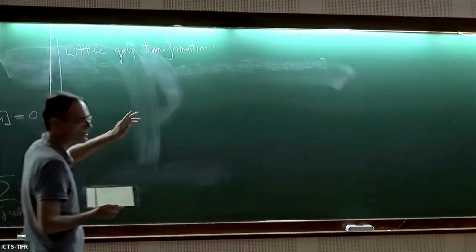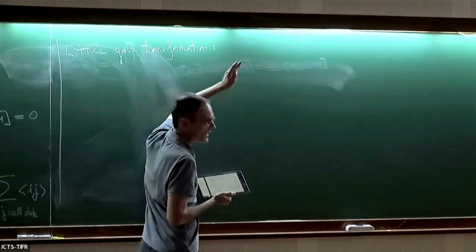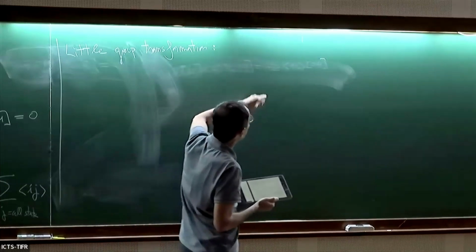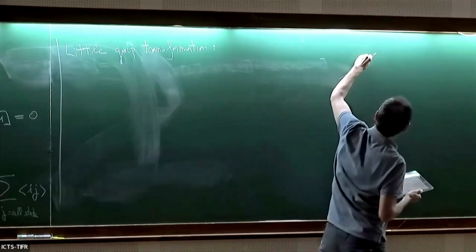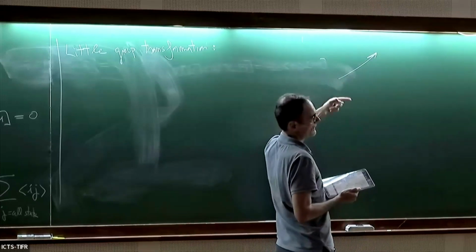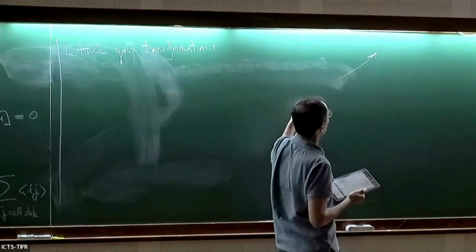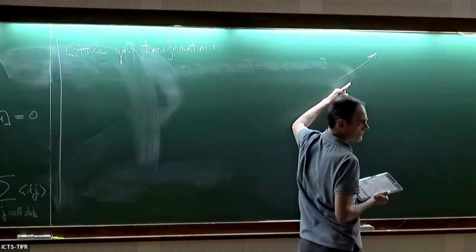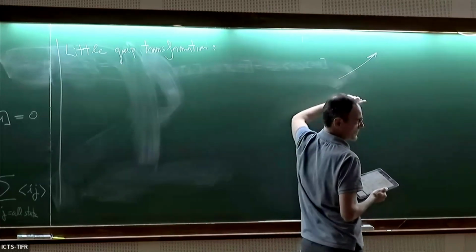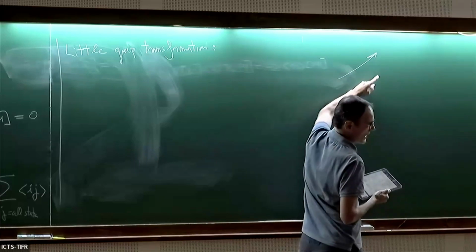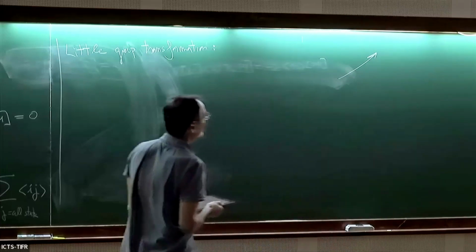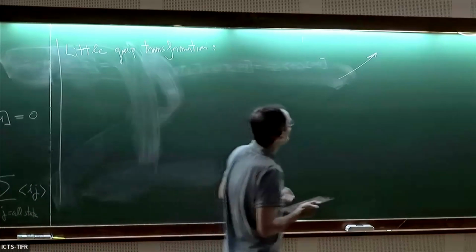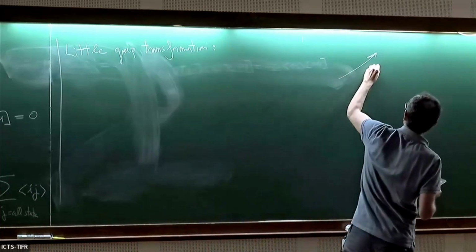The important point is that in a particle momentum P, you can always rotate around that direction. Any rotation around this axis leaves invariant, of course, the momentum of the particle.